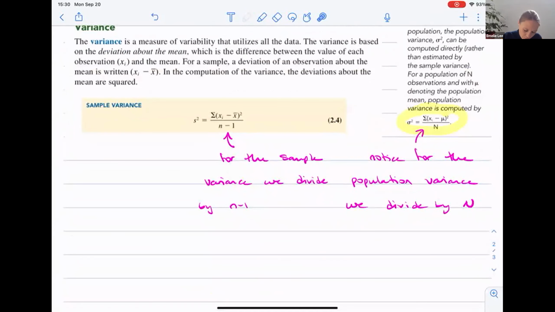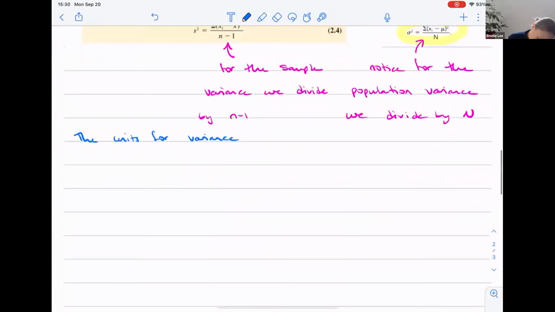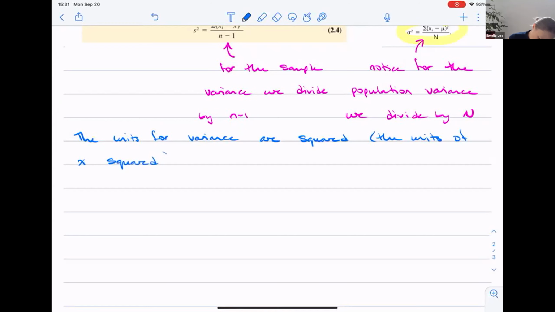Let me write that down though, before I introduce the standard deviation. So the units for variance are squared, right? The units of X squared, okay, which makes them hard to interpret.